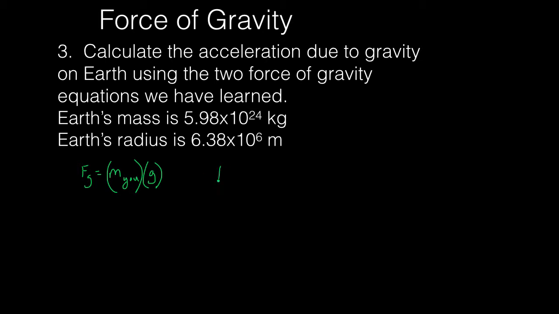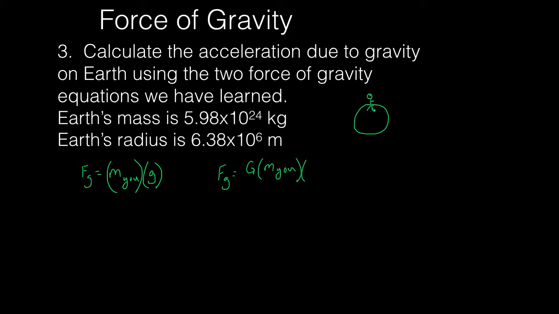This new equation that we've learned is also the force of gravity, but now we times it by big G, times the mass of you, times, if we're doing it between you and the Earth, so let's draw a picture again.